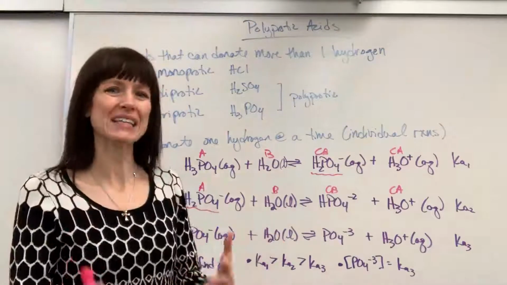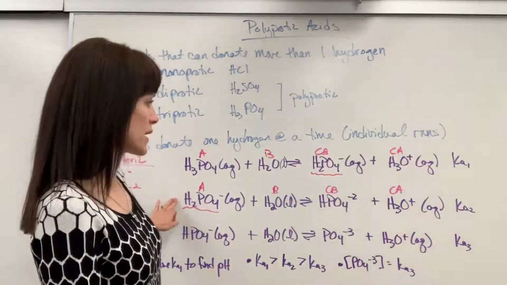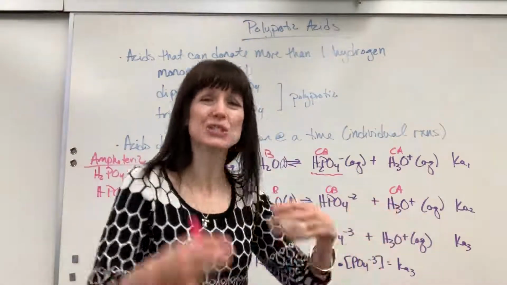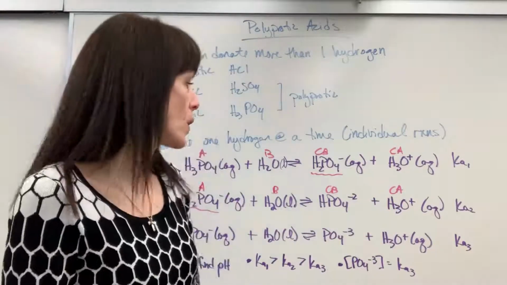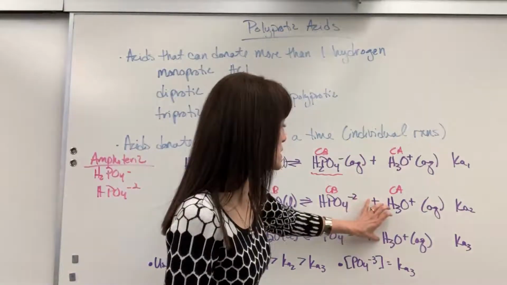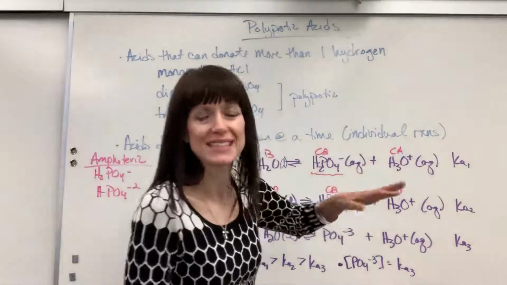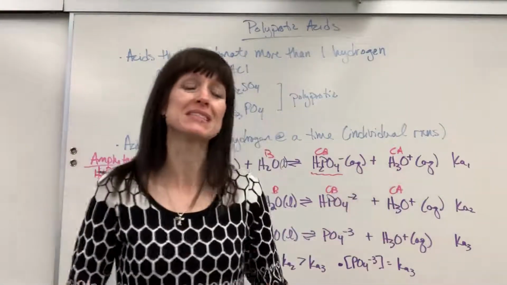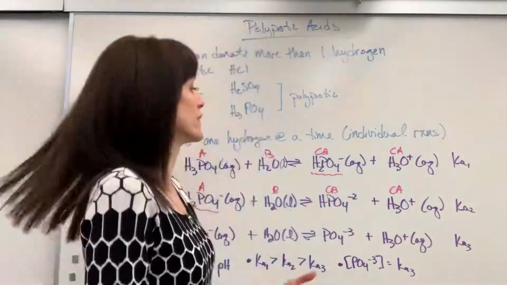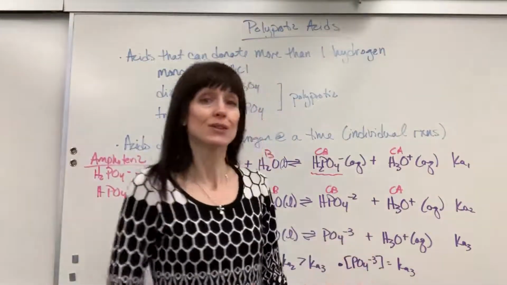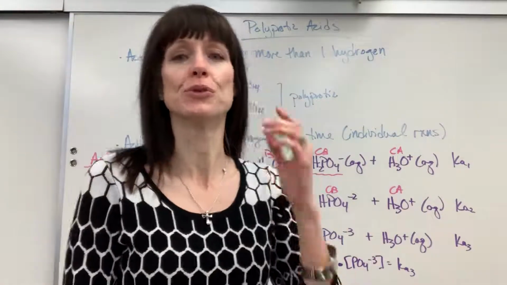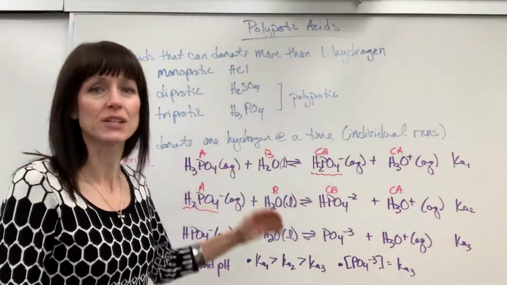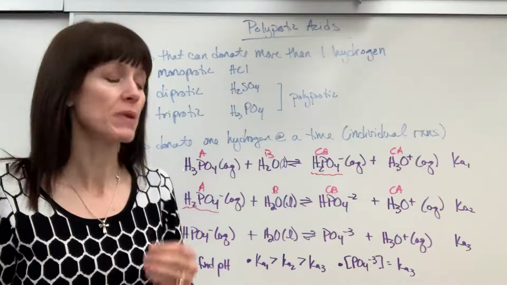So even if I did the ice tables for my Ka2, my Ka3, the hydronium that's produced is so small that when I go back and add the hydronium that's produced here to this hydronium, it doesn't change it. For sig figs, it doesn't change it. This hydronium is always going to be significantly larger than the amount of hydronium produced here and here. So to get your pH, you do 1 ice table, and it's always off of Ka1. Okay, so that's the first really big thing you need to know.